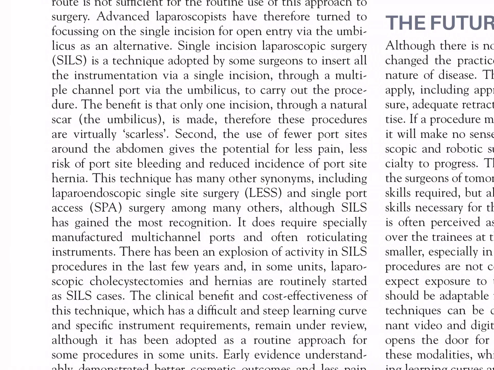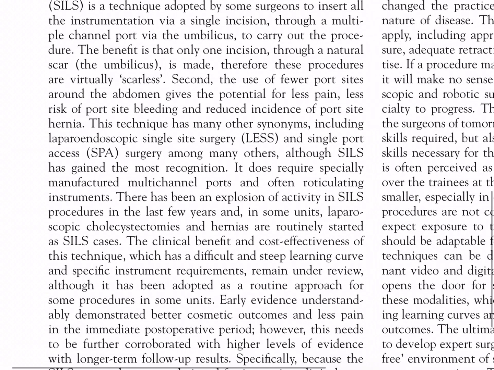This technique has many other synonyms, including laparoendoscopic single site surgery (LESS) and single port access (SPA) surgery, among many others. Although SILS has gained the most recognition, it does require specially manufactured multi-channel ports and often articulating instruments.